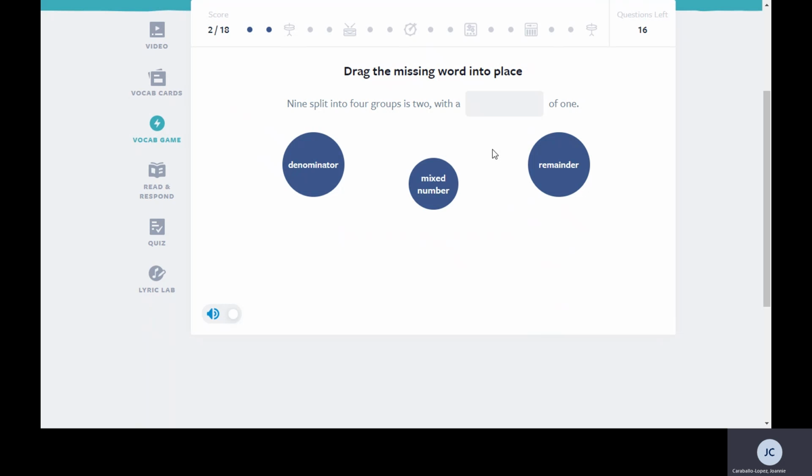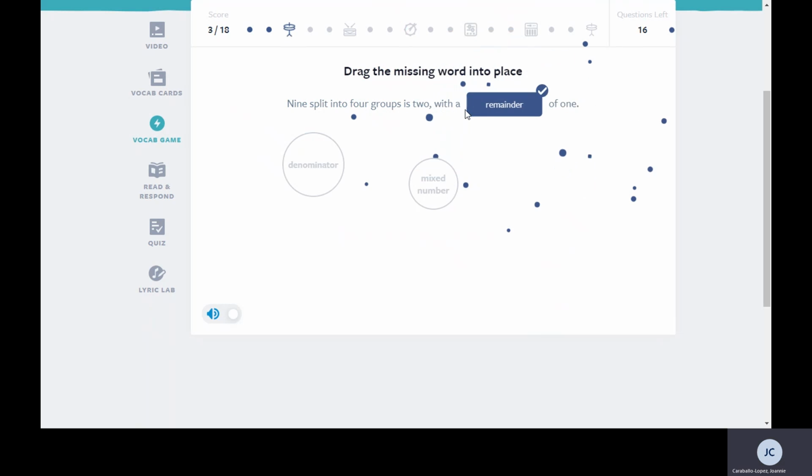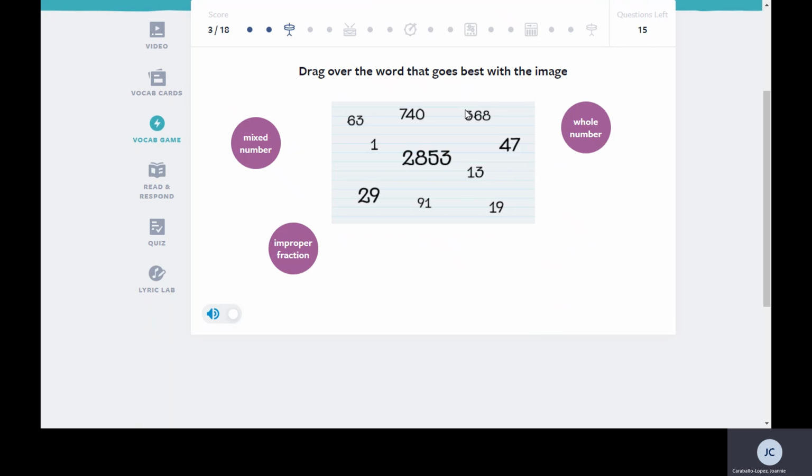Go talk to your group and see what you want to answer. 9 split into 4 groups is 2 with a remainder of 1. So then tell him. Quickly, vamos. Escoja uno. ¿Cuál es la contestación? Excellent. And that is correct. Un punto para este grupo.